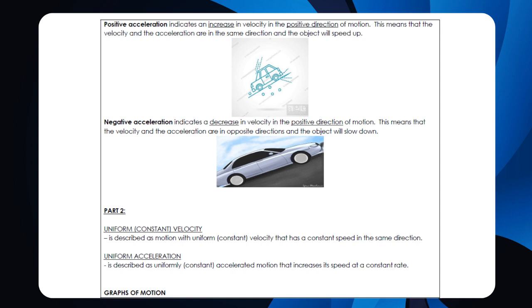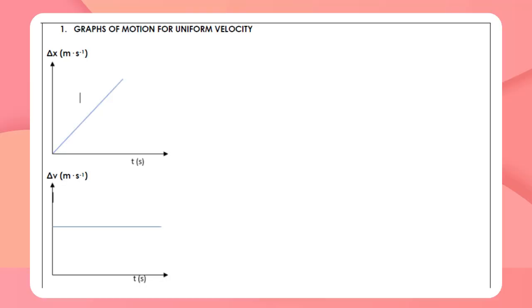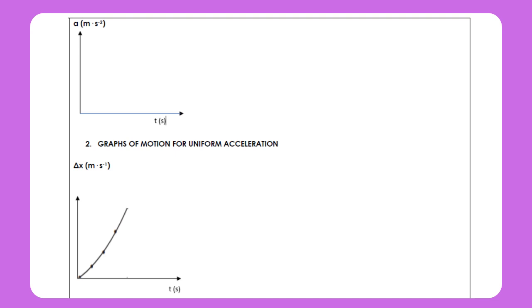Graphs of motion. 1. Graphs of motion for uniform velocity. 2. Graphs of motion for uniform acceleration.